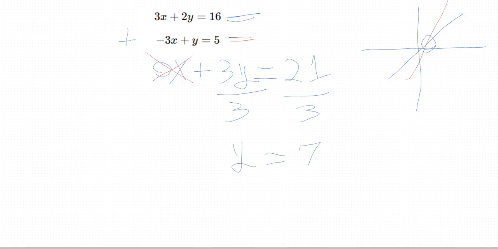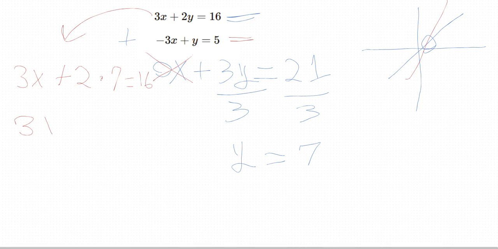Okay, so now that we've done that, we now know what y equals, and we can substitute it back in and use that information to solve x. So y equals 7, so we're going to take this and we're going to substitute in our y value. So 3x plus 2 times 7 equals 16.